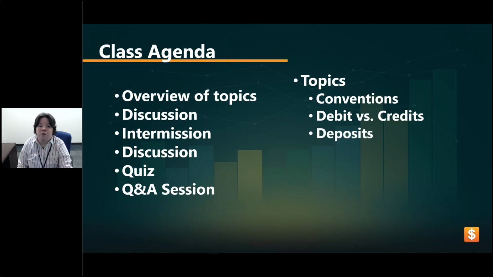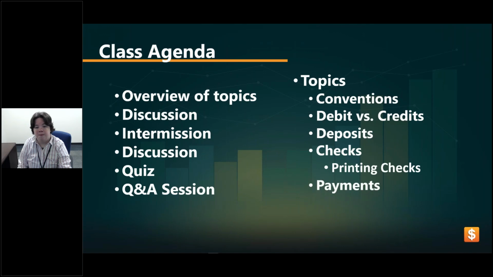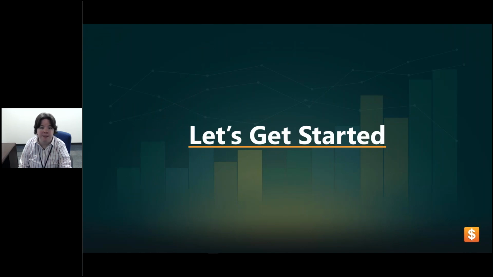Then we're going to go over the different transactions: first the deposits, then checks, including printing checks, making payments, and transferring between accounts. And then for everything in between, we have our journal entries. We'll go over that and more if you need to. So we'll go ahead and get it started.